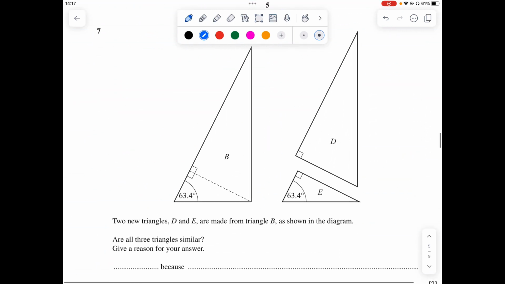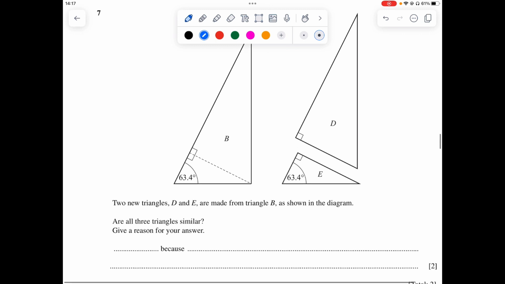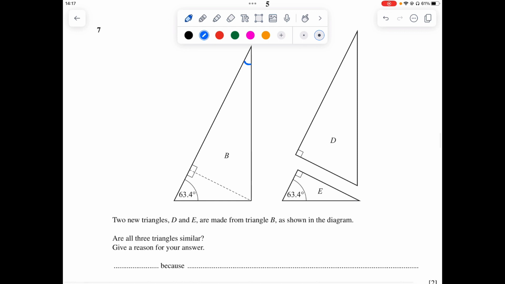Coming to question number 7. Two new triangles D and E are made from a triangle B. All three triangles are similar. Give a reason for your answer. So, why are they similar? Sum of all angles is going to be 180 degrees. So that particular angle will be 180 minus 90 minus 63.4, which is 26.6. The top angle is going to be 26.6. So this angle is going to be 26.6, and over here also it has to be 26.6.